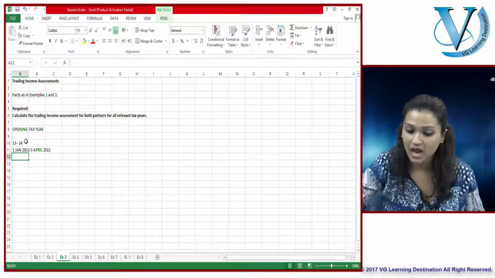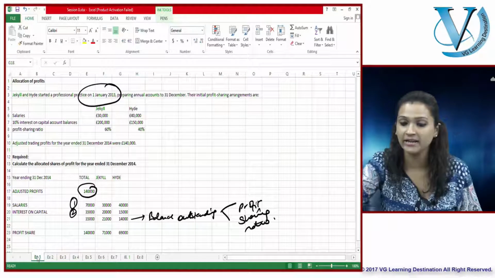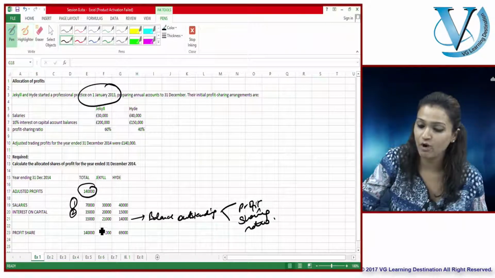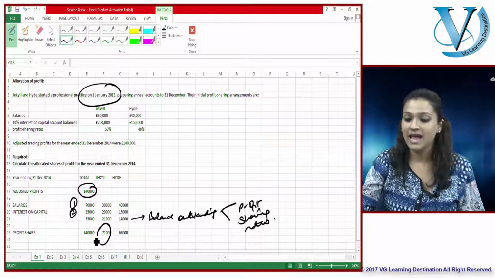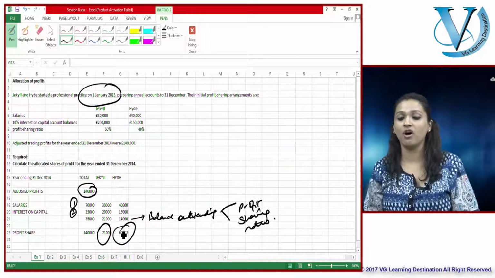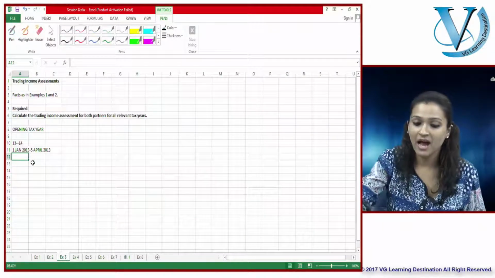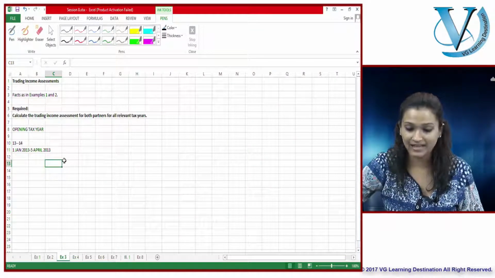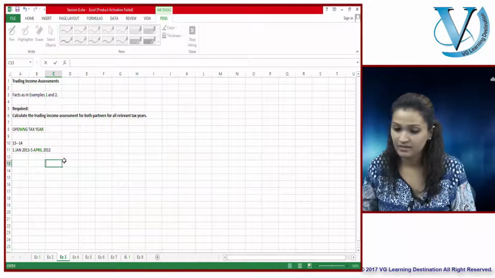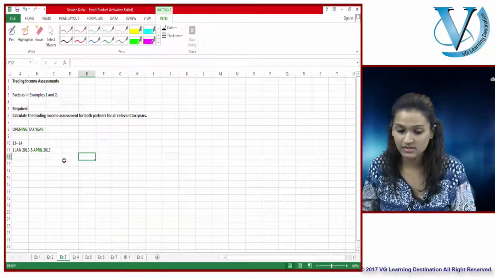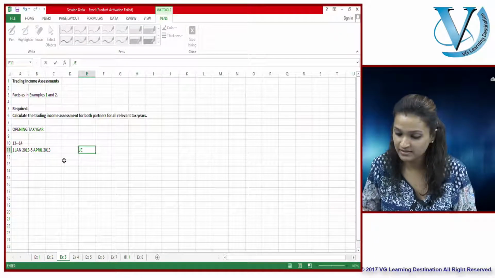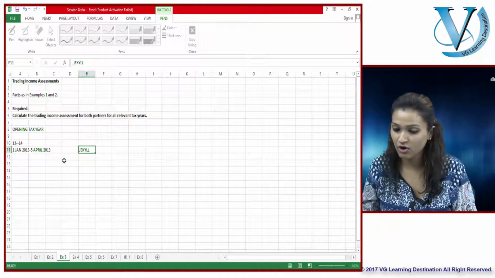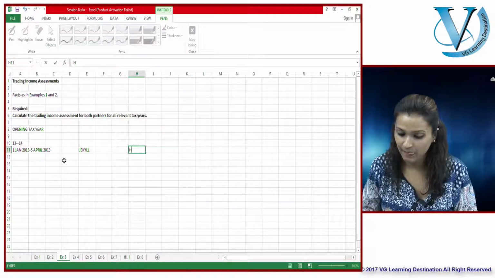Let's have a look at how much profits we allocated here. The first year profits were £71,000 for Jekyll and £69,000 for Hyde. Out of this, 3 months profits get allocated. Let me just write down the names: Jekyll, and we got Hyde.